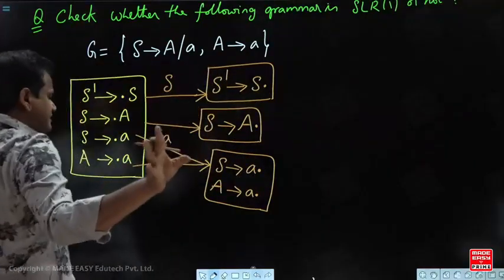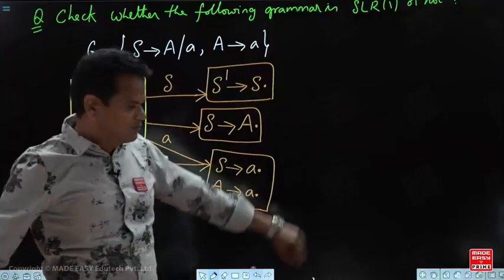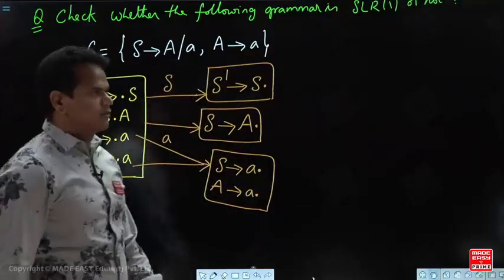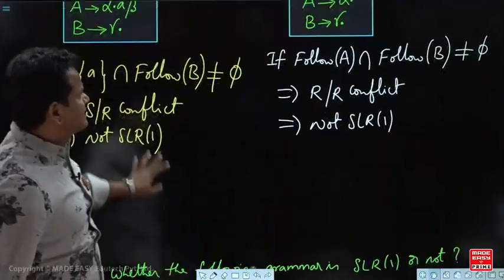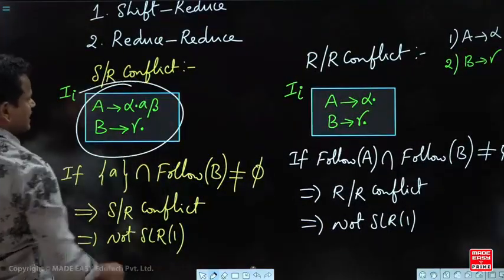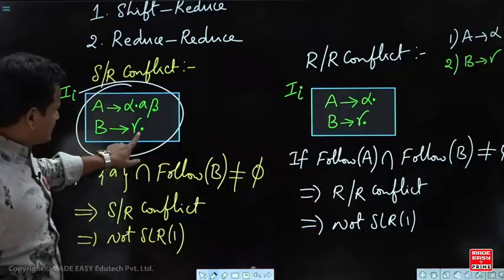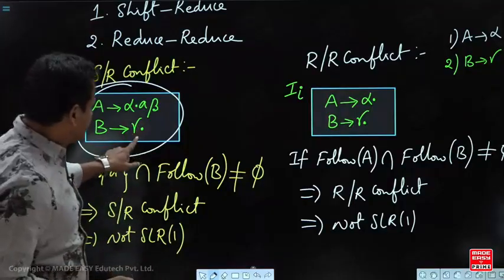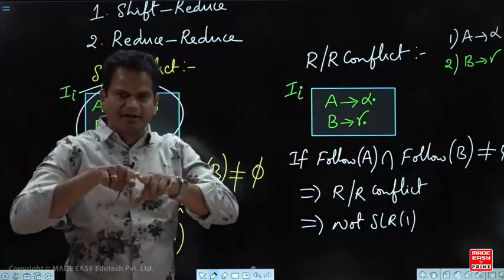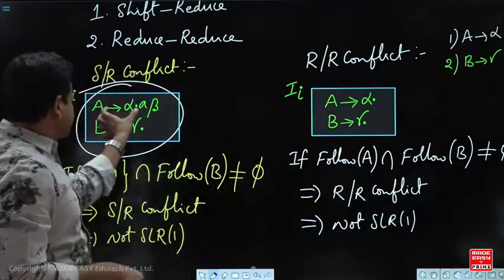We have completed everything. Now look at this. To get a shift-reduce conflict, a state must have one final item and one shift symbol terminal in the same state, not one in this state and another in a different state.